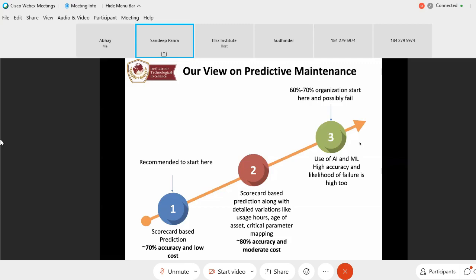So one of the requirements for any AI and ML solution is that you should have very good test data and very good training data. Test data and training data have to be identified, and you have to build the model.